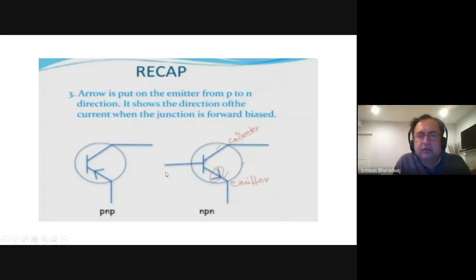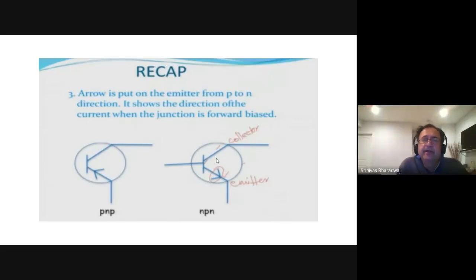There is one voltage between the base and the emitter, and another voltage between the collector and the emitter. So you have two voltages applied. The emitter is the common terminal between the two voltages, and we therefore say that this transistor is connected in a common emitter mode.